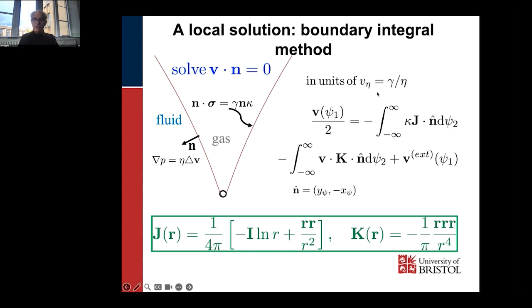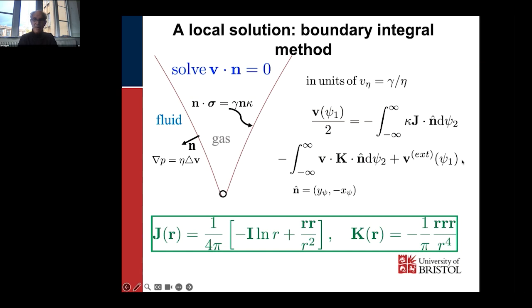That's this first integral. So the velocity that's generated by such a directed delta forcing is given by this expression J here. This is known as a Stokeslet.